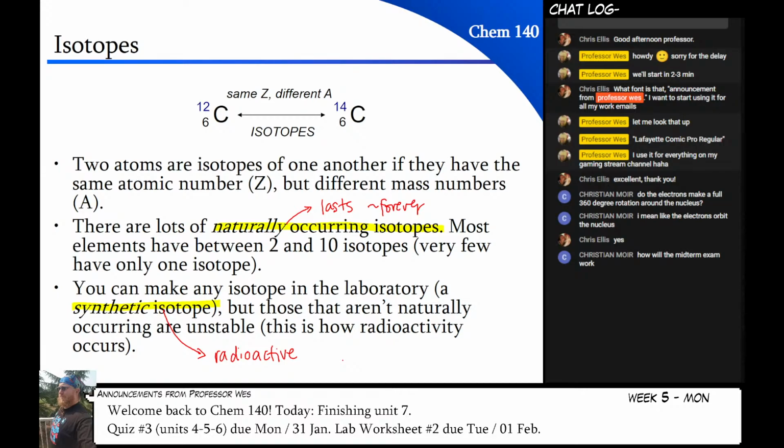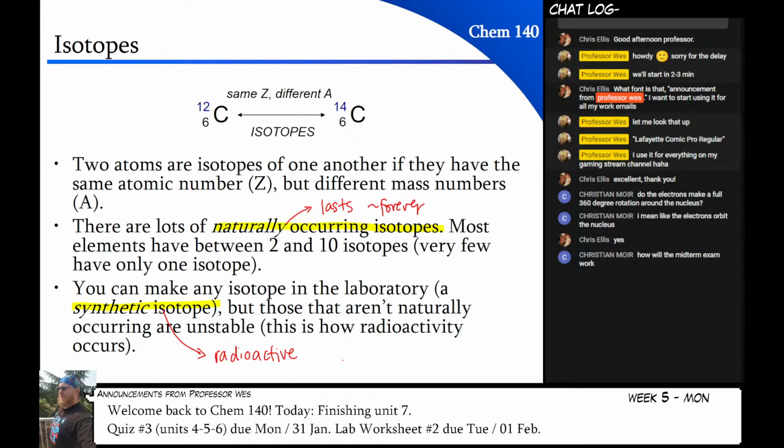And technetium just doesn't exist on Earth. The only way to make technetium, because otherwise we'd have this blank on the periodic table for element number 43, is to synthesize it in the laboratory, which you can, and then we use it for things like medical imaging and stuff like that. So that's the difference between those definitions there, natural versus synthetic.